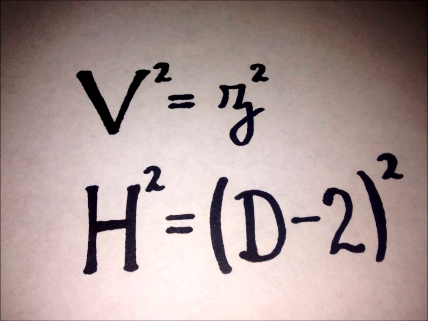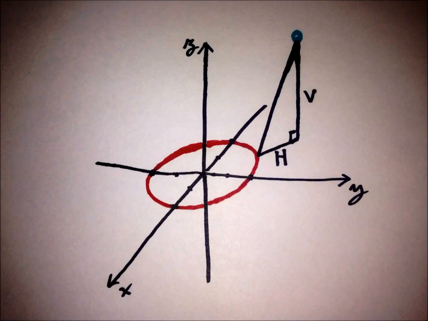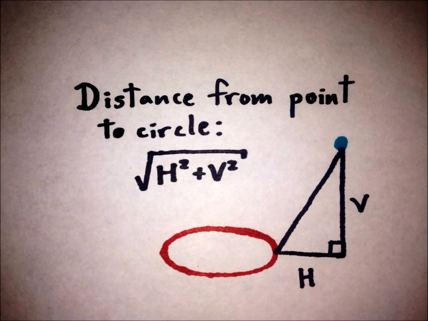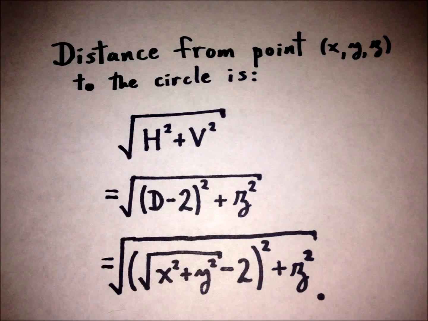Now that we have the squares of the horizontal distance h and the vertical distance v, we can find the distance the point has to take to get to the circle if it flies there in a straight line. It's the square root of h squared plus v squared. Substitute what we know for v squared and h squared, and we get that the distance to the circle is the square root of (d minus 2) squared plus z squared.